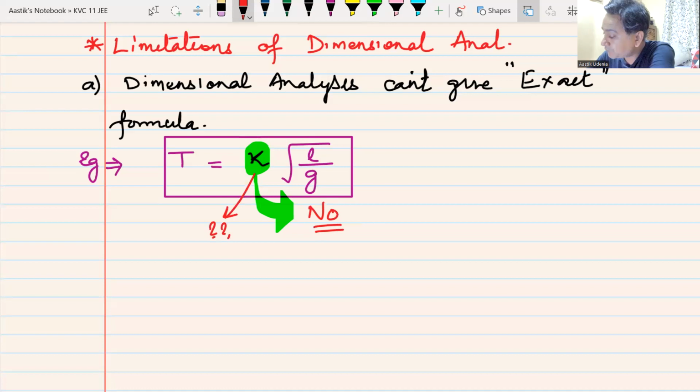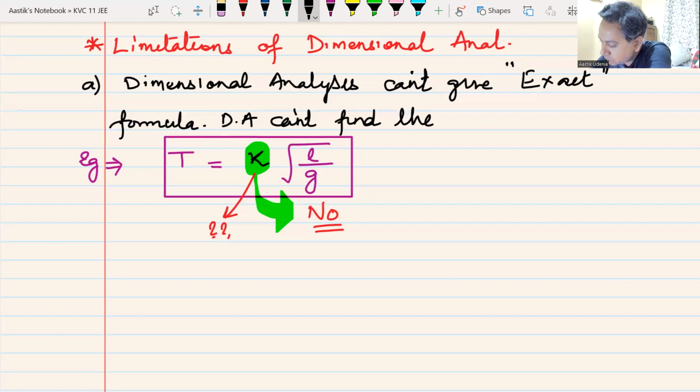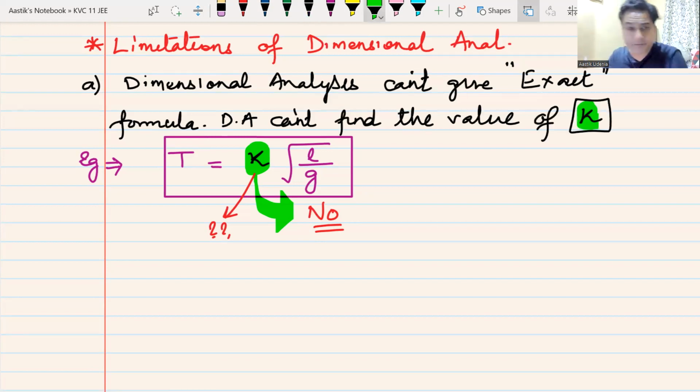So I can write here, DA can't find the value of that number K. Whatever that number K was, dimensional analysis cannot find the value of K. So that is limitation number 1. Do we understand this? Yes or no?